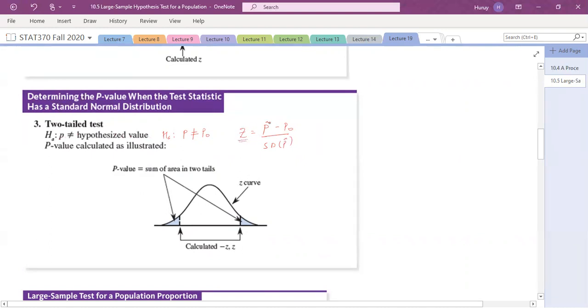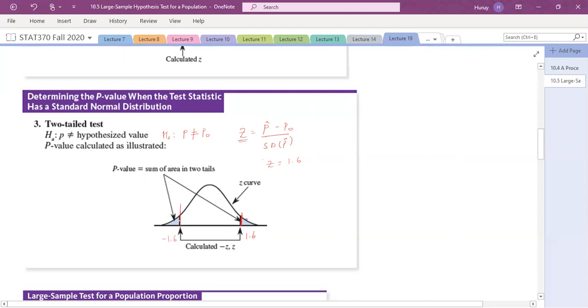Now we have z calculated using this formula, and we know this curve is symmetric. Let's take an arbitrary value just for an example. Let's say using this formula I get z equals 1.6. Then there is one point here, which is 1.6, and another point here, negative 1.6, since it's symmetric.